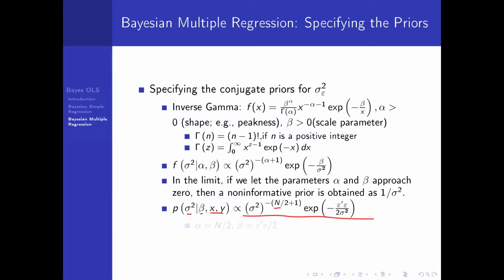Again, it looks like an inverse gamma distribution. And what about its alpha? It turns out alpha is equal to the sample size divided by 2, and beta is equal to epsilon prime epsilon, where epsilon is the error term, equal to y minus x beta. Simplify. Right, so this is the posterior, conditional on beta.